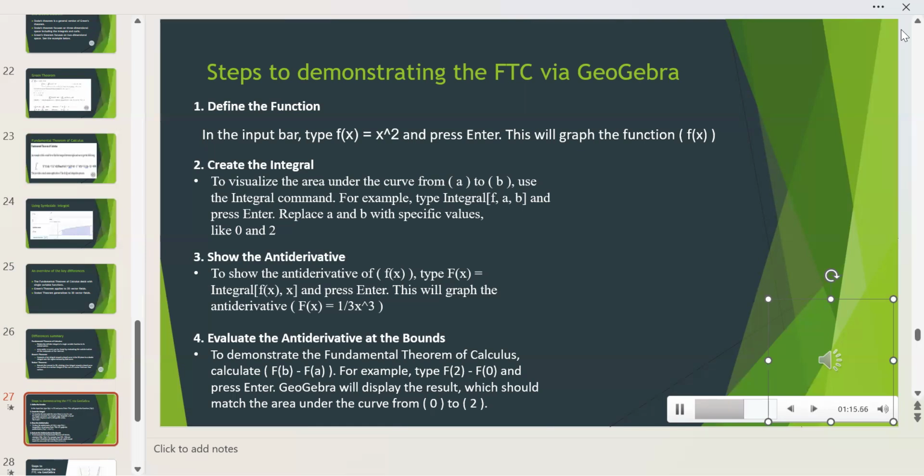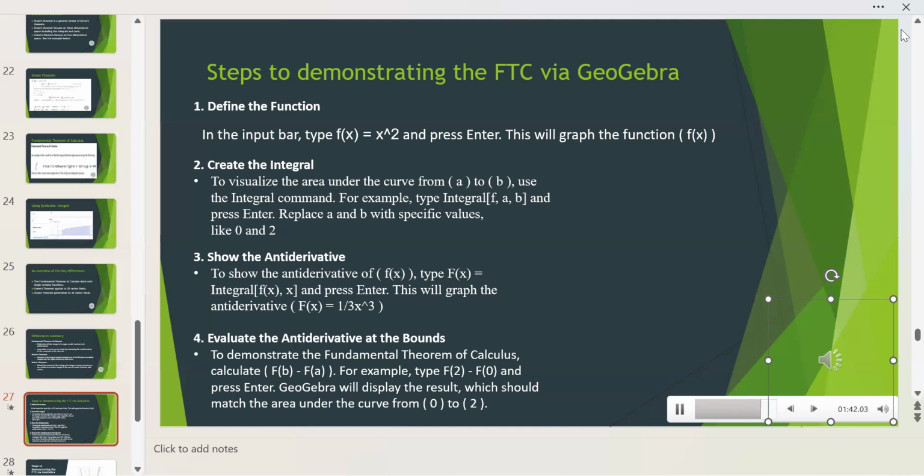Step 3 and 4, you need to show the antiderivative. To do that, type F of x equals integral, open bracket, f of x, comma, x, close bracket, and press enter. This will graph the antiderivative F of x. Since we are going by the function that I used, it would be F of x equals 1 over 3 x cubed.